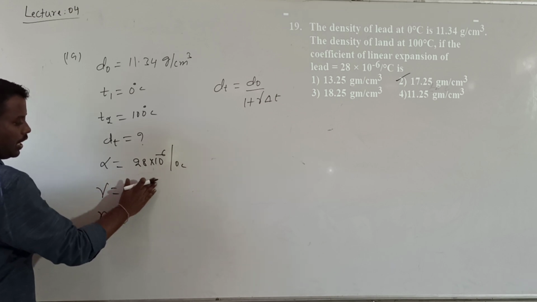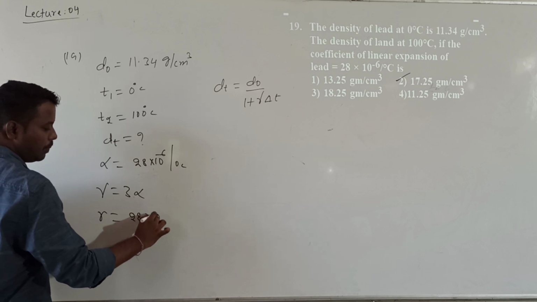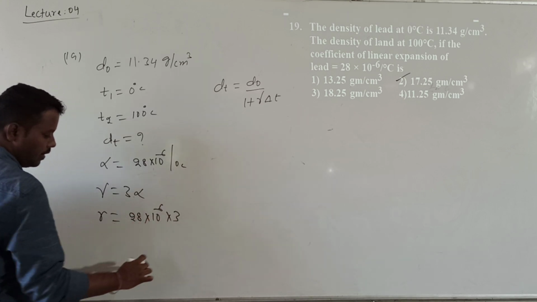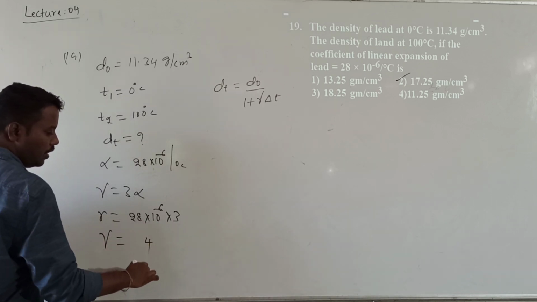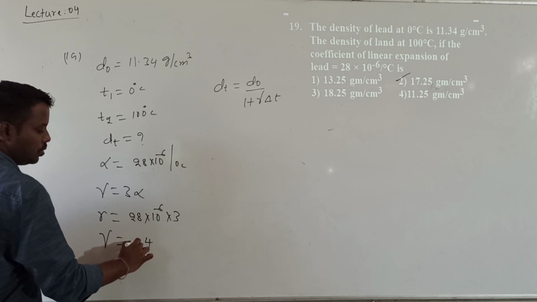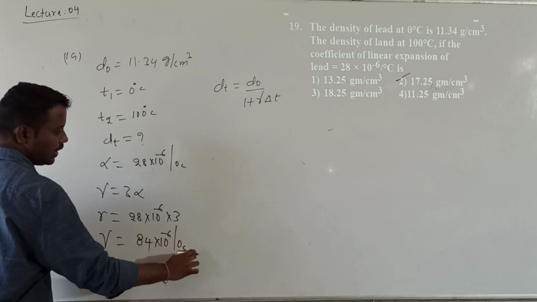Gamma is 84 into 10 power minus 6 per degree Celsius.